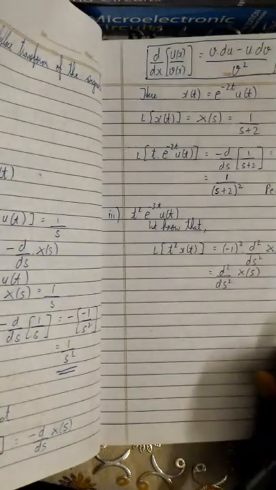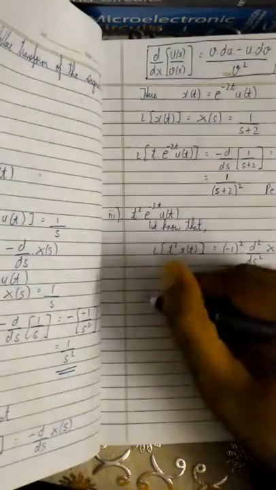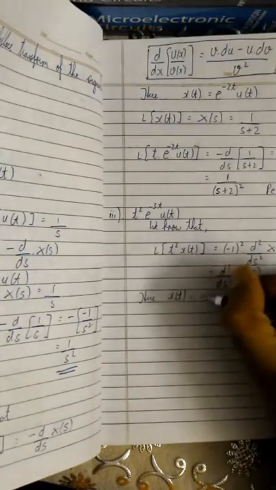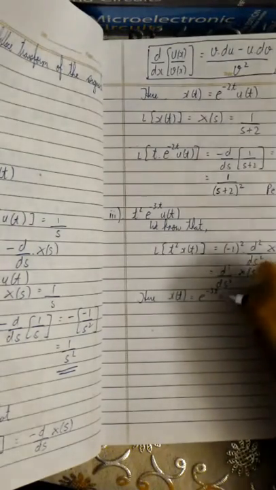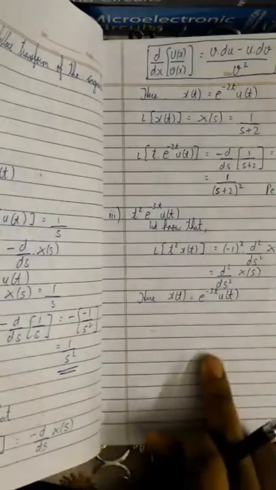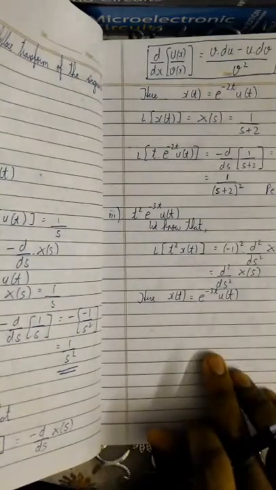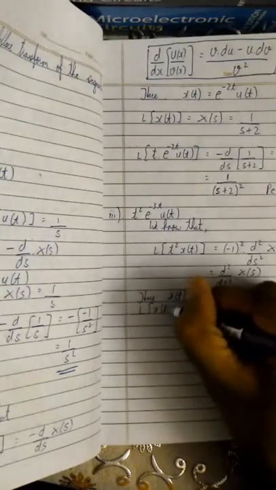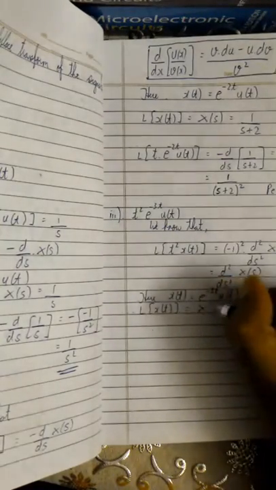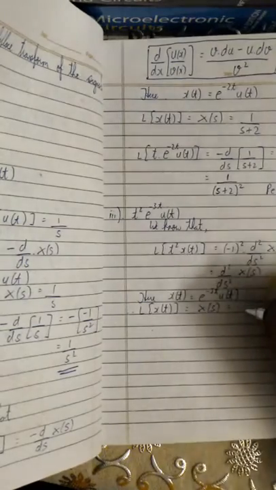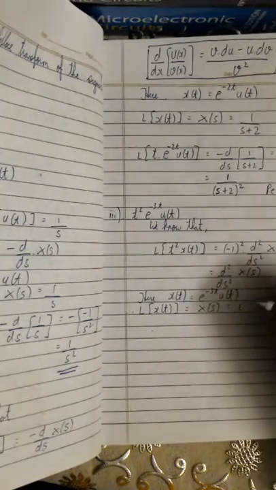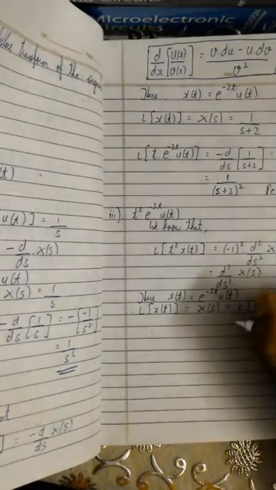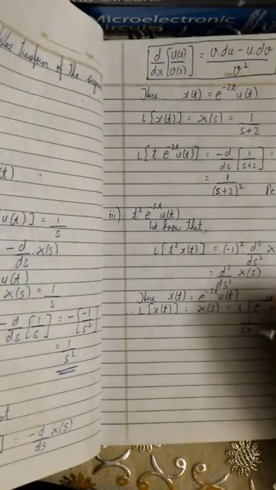Now here x of t is equal to e raised to minus 3t u of t. Therefore the Laplace transform of x of t is x of s, which is nothing but the Laplace transform of e raised to minus 3t u of t, which is nothing but 1 by s plus 3.